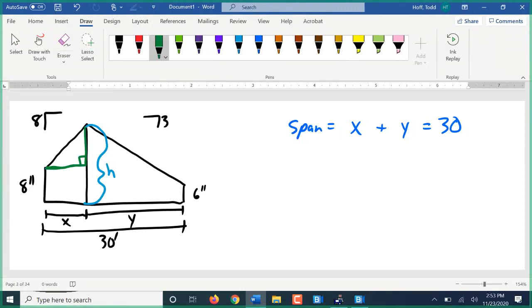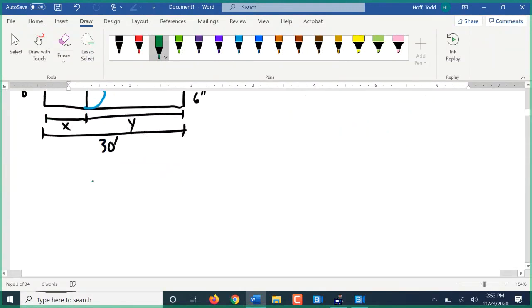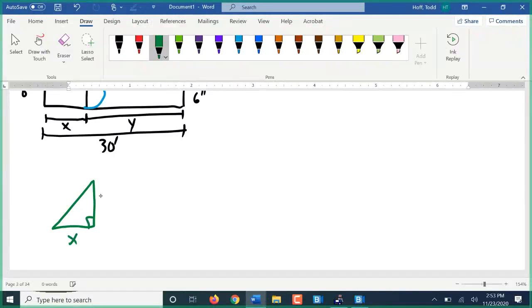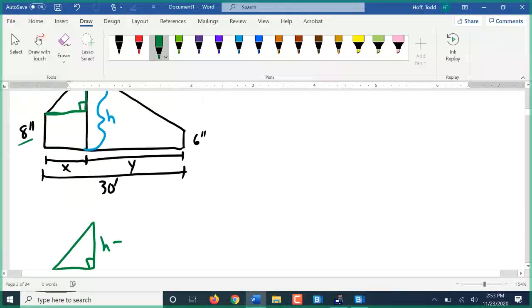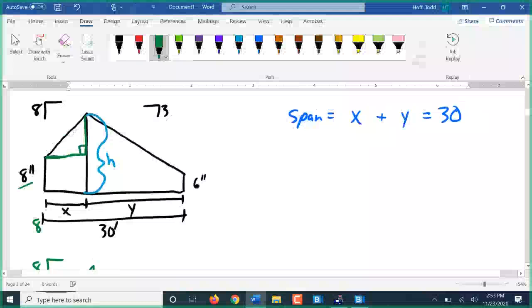So if I draw out that green triangle that I just did, the run is x. The height here is h minus 8 inches. Well, h is in feet, so I'm going to have to put 8/12 to turn my 8 inches into 8/12 of a foot. And that slope is an 8/12 slope.